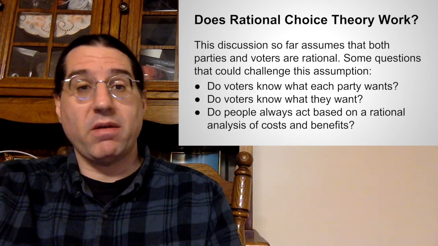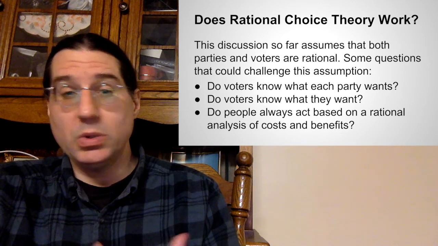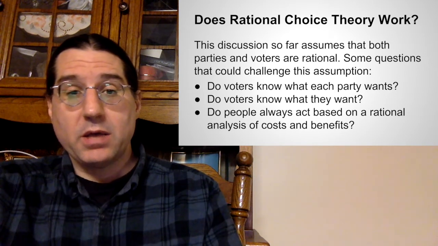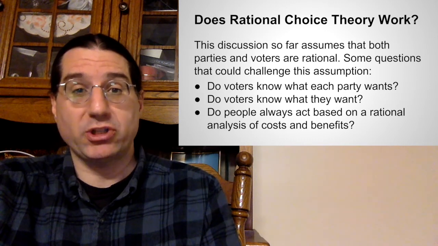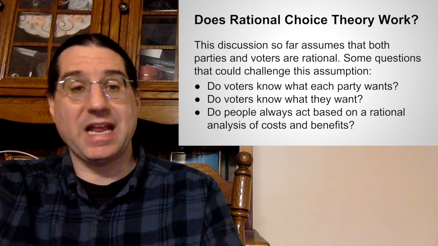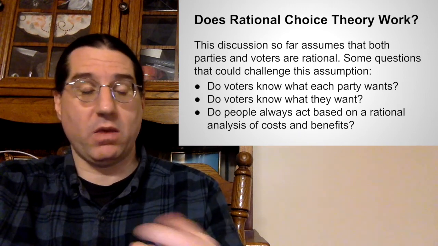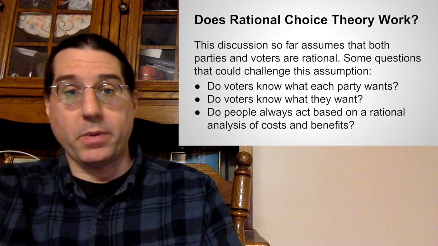And finally, it's worth considering: do people always act in what we would say is a rational manner? Is it a matter of just adding up the things that you like, and whichever side has the most pluses in their column is what we go with?